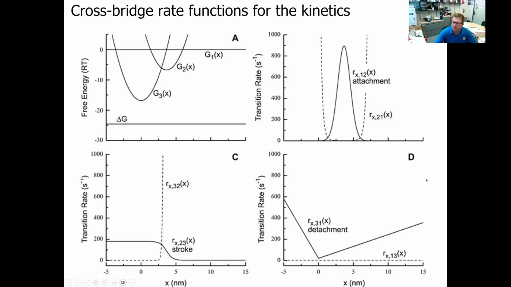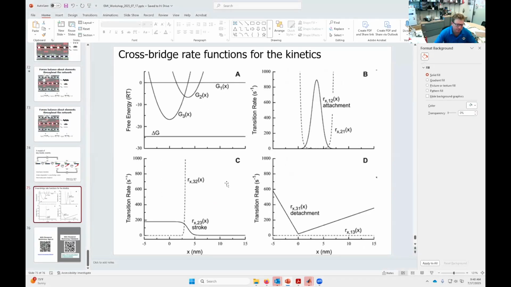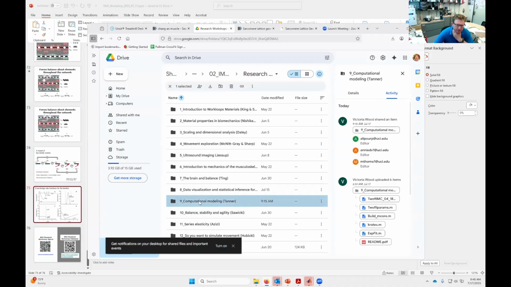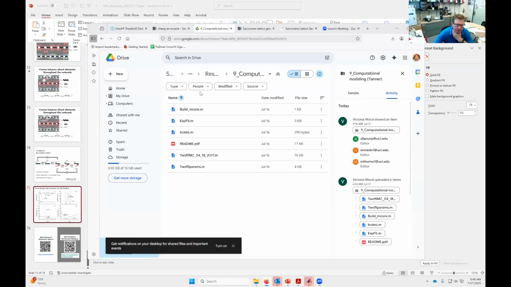So I need to end this for now. And so if I were to, in the research workshop folder that Victoria had sent out, if you were interested in downloading any of this stuff or seeing how it worked for yourself, if you click on that computational modeling link, these are all MATLAB files.